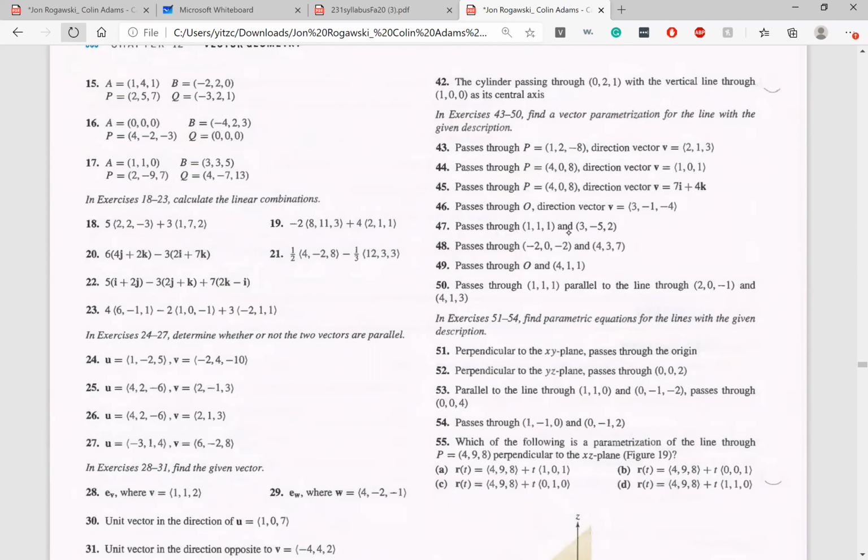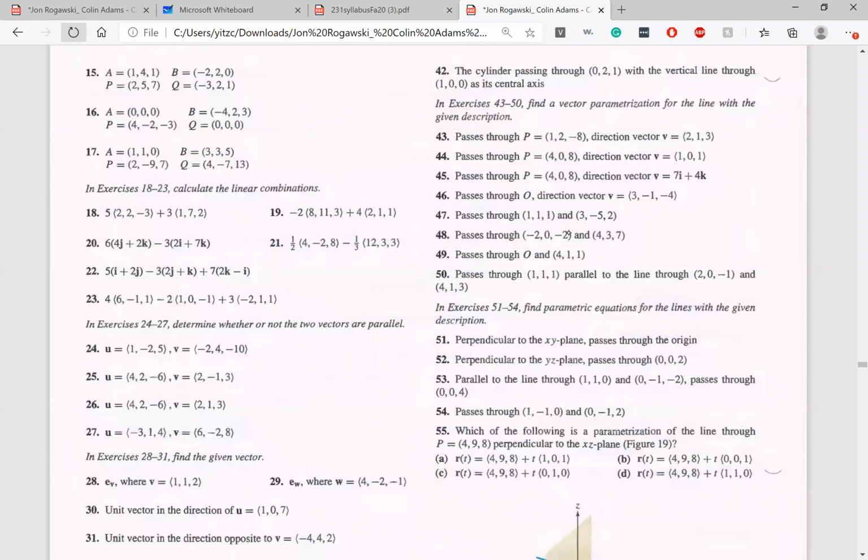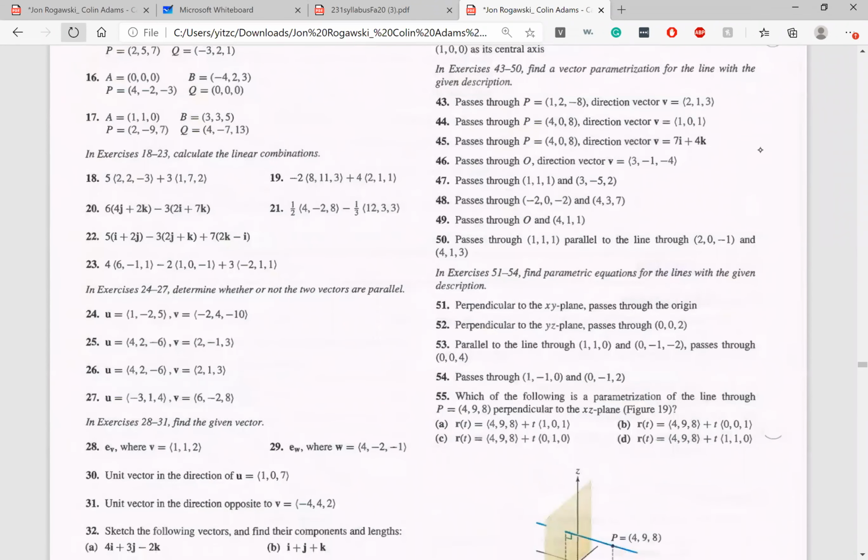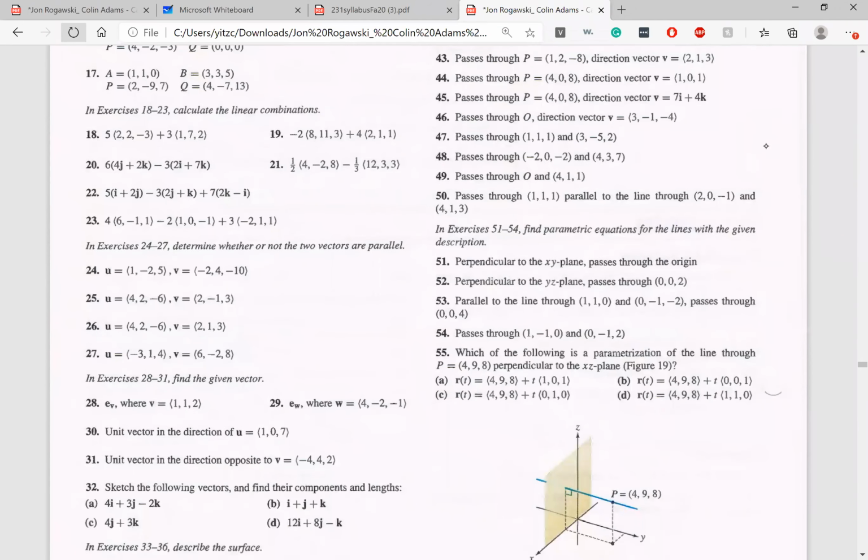You're going to have to write the answers on a piece of paper, take a picture of it, and upload it. Okay. So far, is this doable?